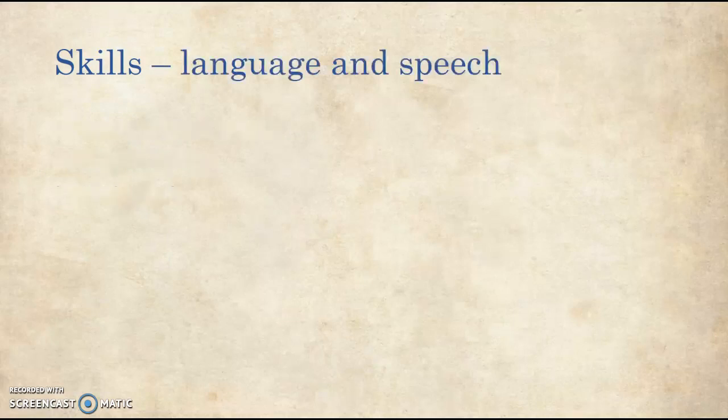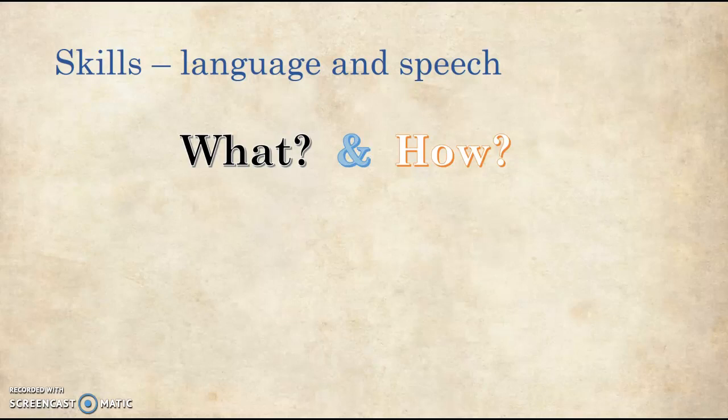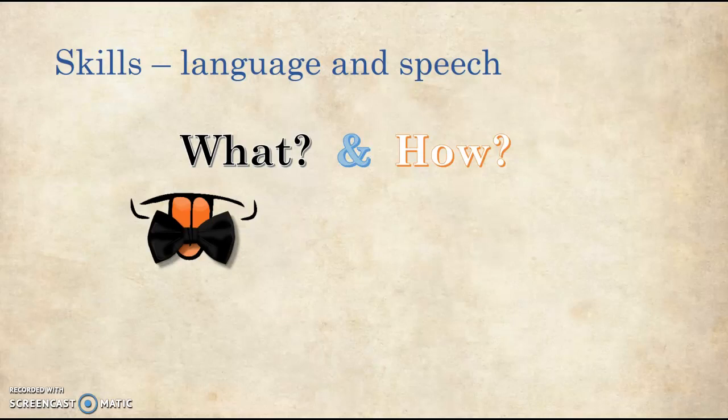In terms of language and speech, we can talk about the what and the how, language being the what and speech the how part. In the what part, I've included the language you'll be using in your presentation. This language will be predominantly academic, with loads of expert words, obviously.